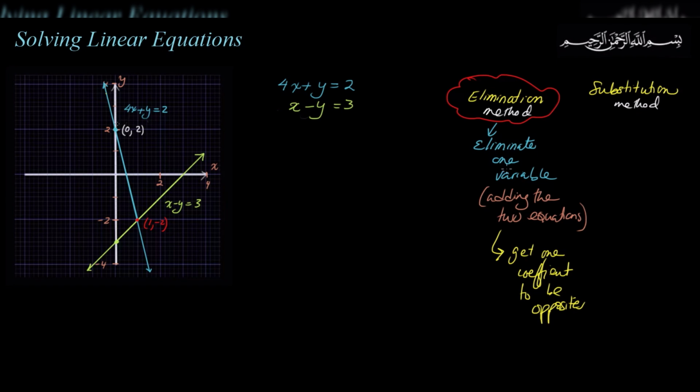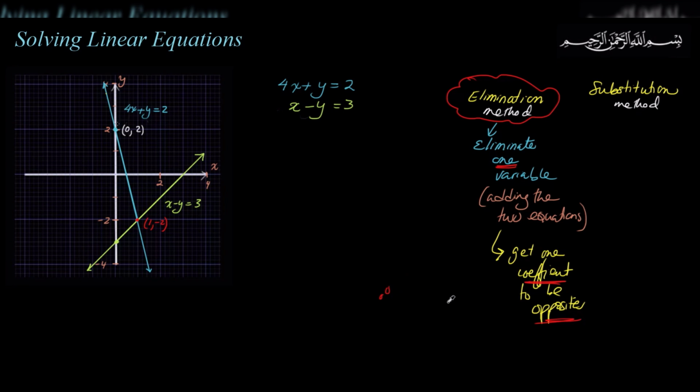You eliminate one variable by adding the two equations, and the only way you get them to be eliminated is if they have opposite coefficients. And if the coefficients are not opposites, you get them opposite, and you think which one's the best one to get opposites, and you get them to be opposite by multiplying that equation by that number.